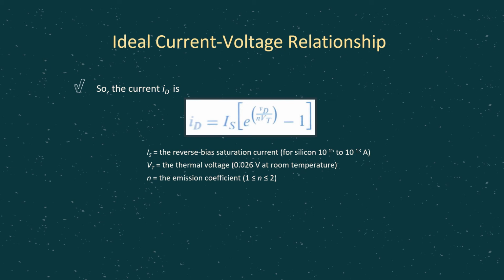When there is current, this current is referred to as ID, the diode current, which is given by IS, the reverse bias saturation current, which is very small, times exponential Vd over nVt minus 1. Since the IS value is very small, sometimes this formula can be approximately equal to IS exponential Vd over nVt.